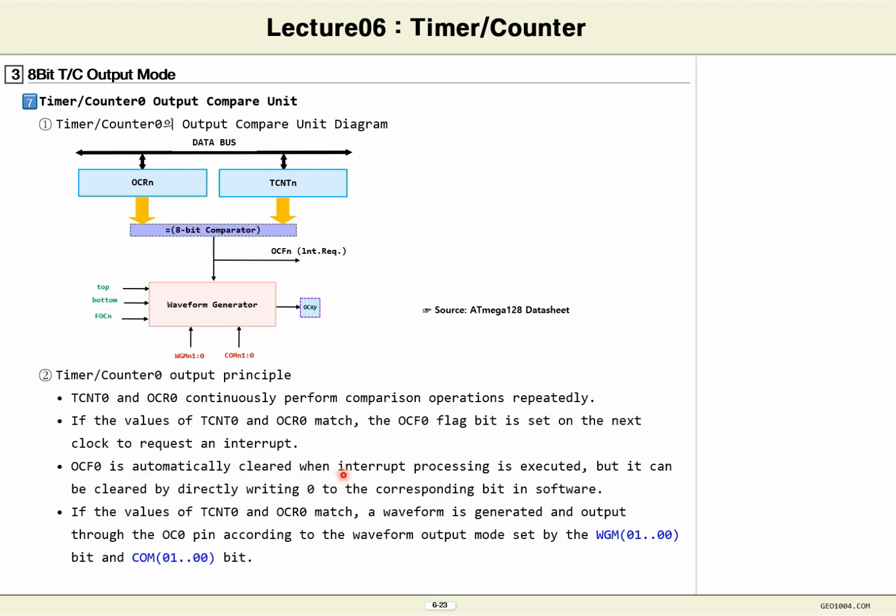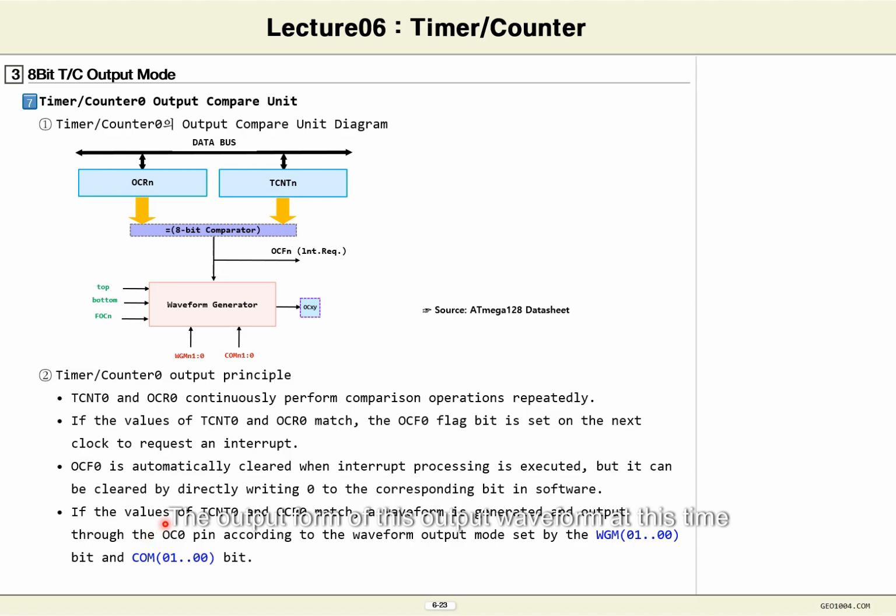This is the case when interrupt processing is performed. However, if we use software, we can clear it by directly writing 0 to the corresponding bit. If the value of TCNT0 and OCR0 match, a waveform can be generated and output. It is output through the OC0 pin.